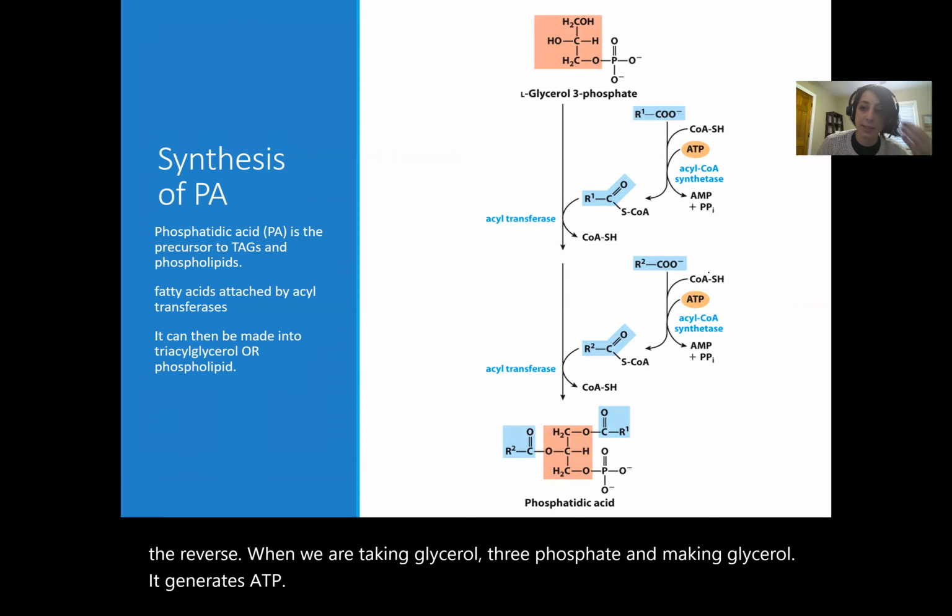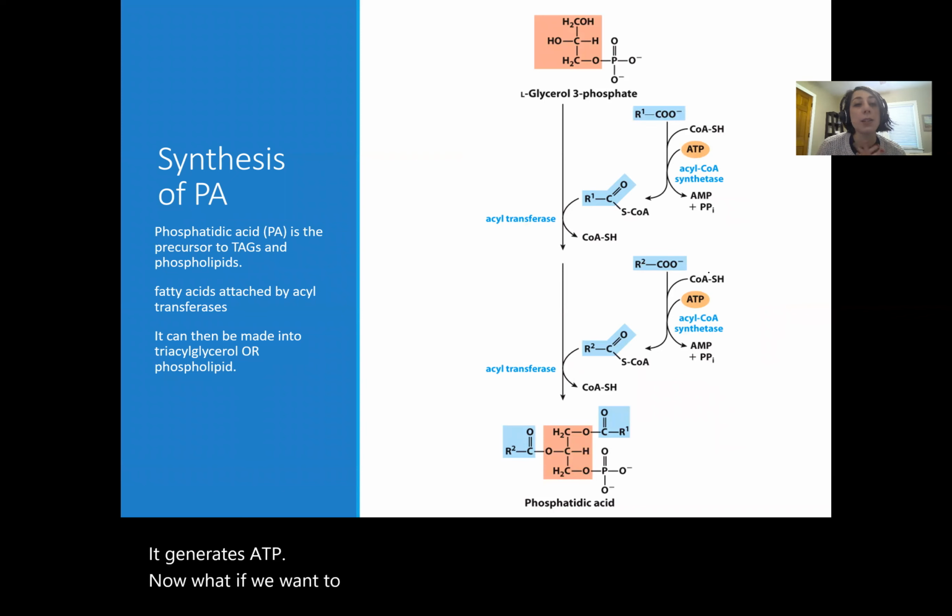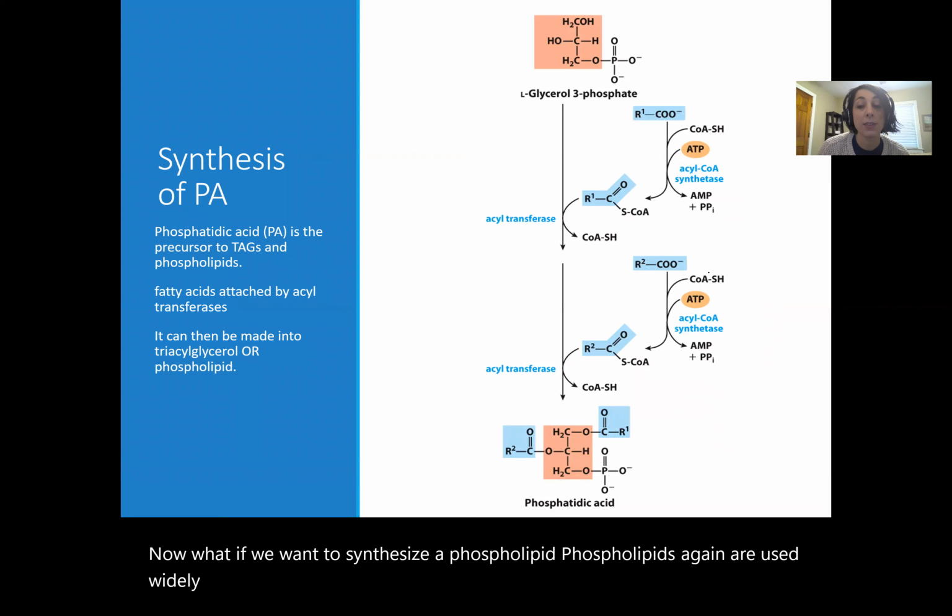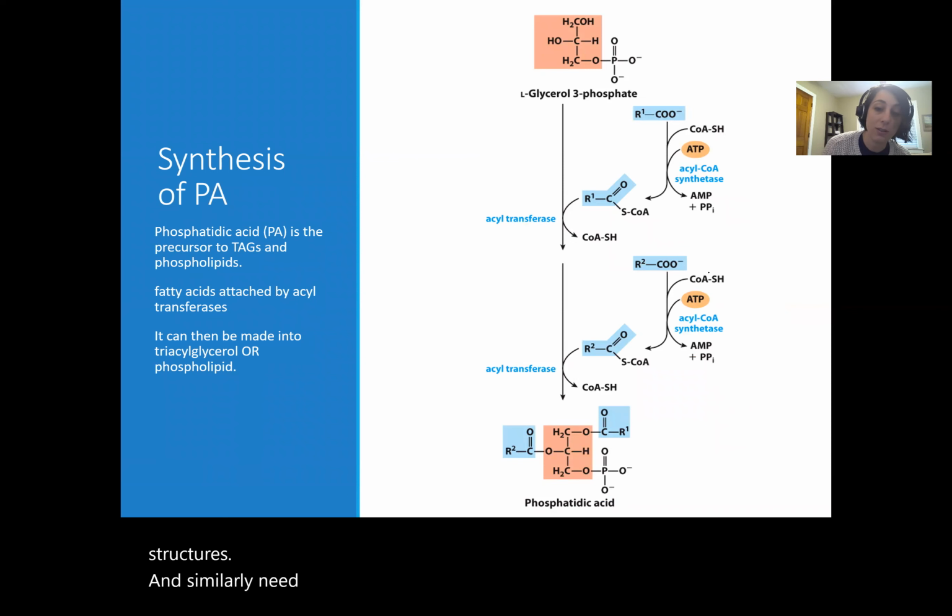Now, what if we want to synthesize a phospholipid? Phospholipids, again, are used widely in cell membranes all through the body. They're very important structures, and they similarly need the backbone of glycerol and then the fatty acids as well.